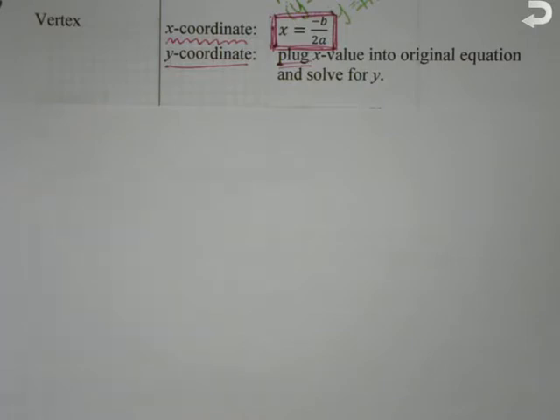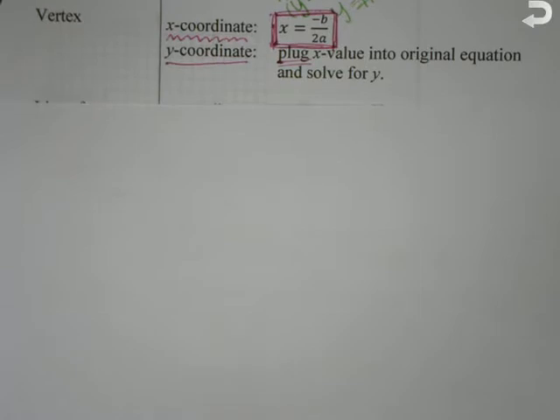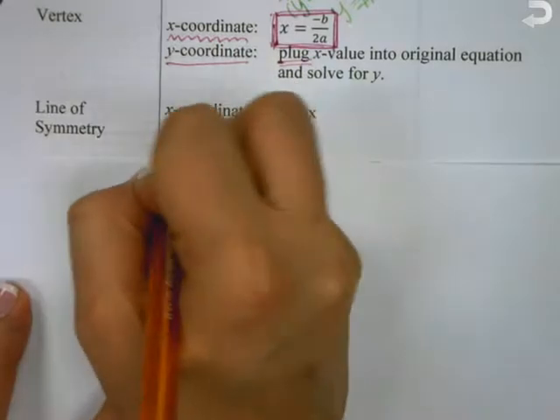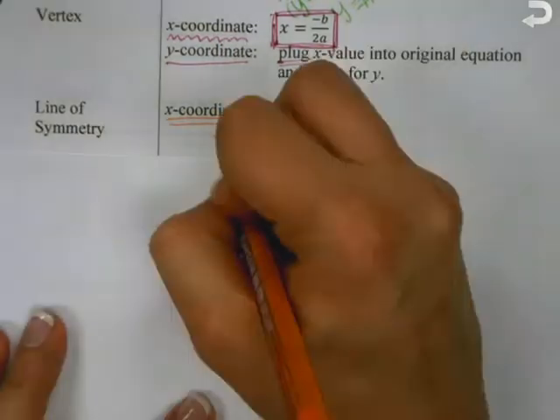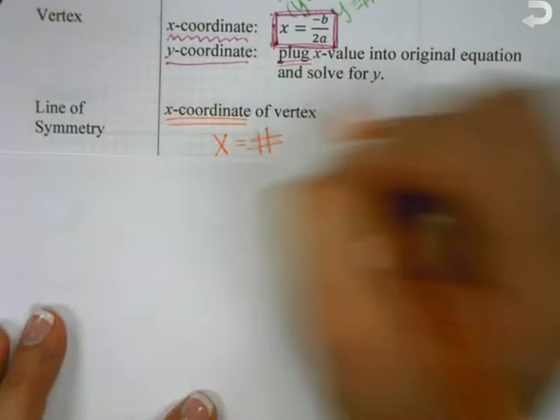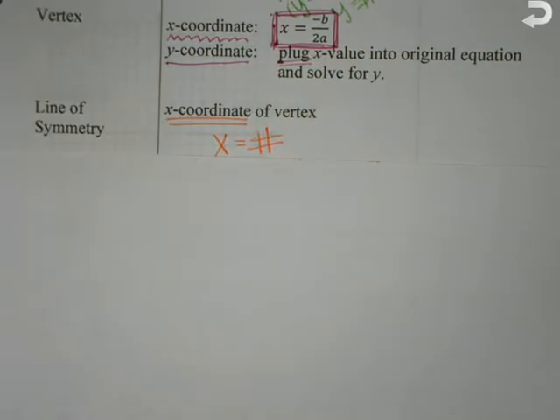Then another thing that we look at in parabolas is the line of symmetry. The line of symmetry is just the x-coordinate of the vertex. So it's always given as x equals a number. If I do not ask you for the vertex and I just want the line of symmetry, any ideas of how we could find it?